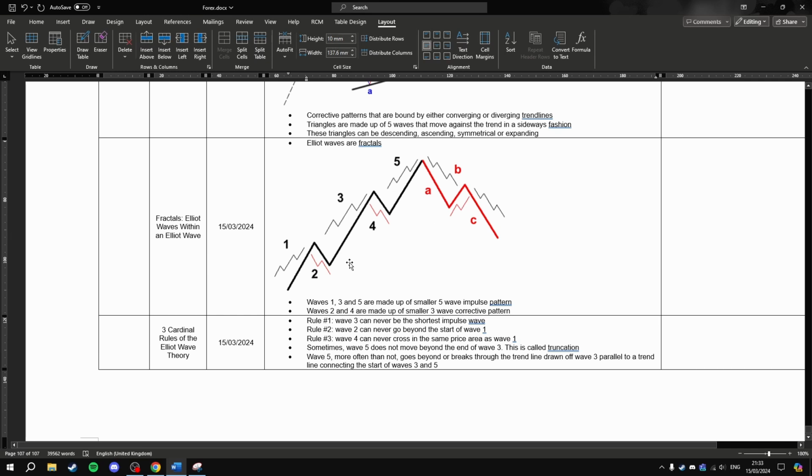So the trend line drawn off wave 3, so this trend line here, breaks through the trend line, so it would go like this. Drawn off wave 3 parallel to a trend line connecting the start of waves 3 and 5.